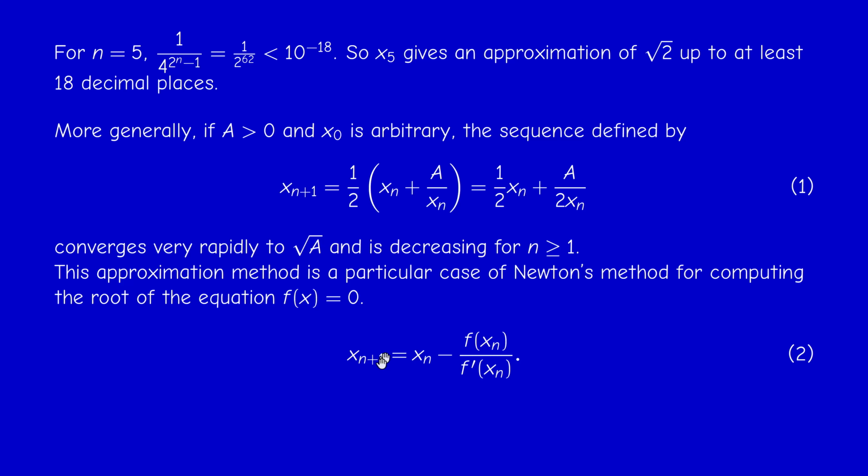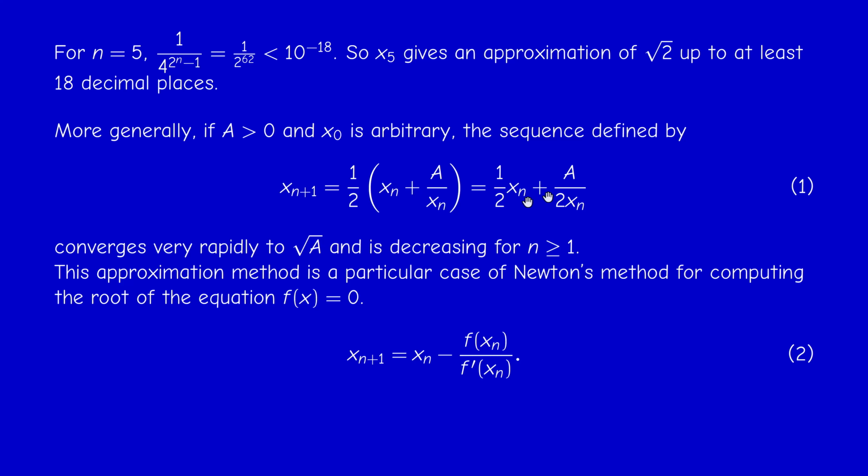And under some assumptions, if we define this sequence by induction in this way, we can prove that if we start sufficiently close to the real root, this sequence converges, and very rapidly. Sometimes it diverges, right? It depends on what we started with.